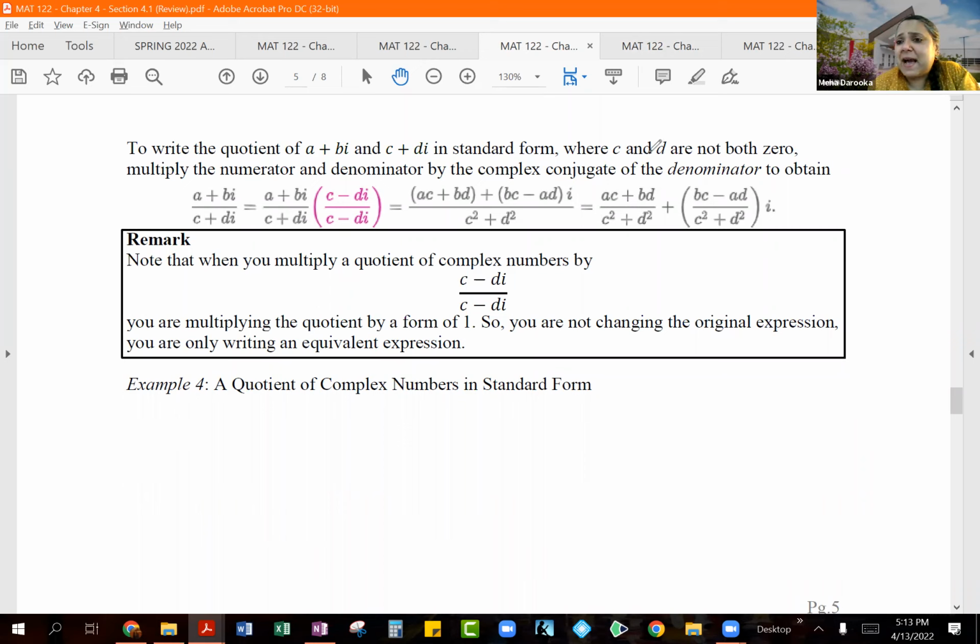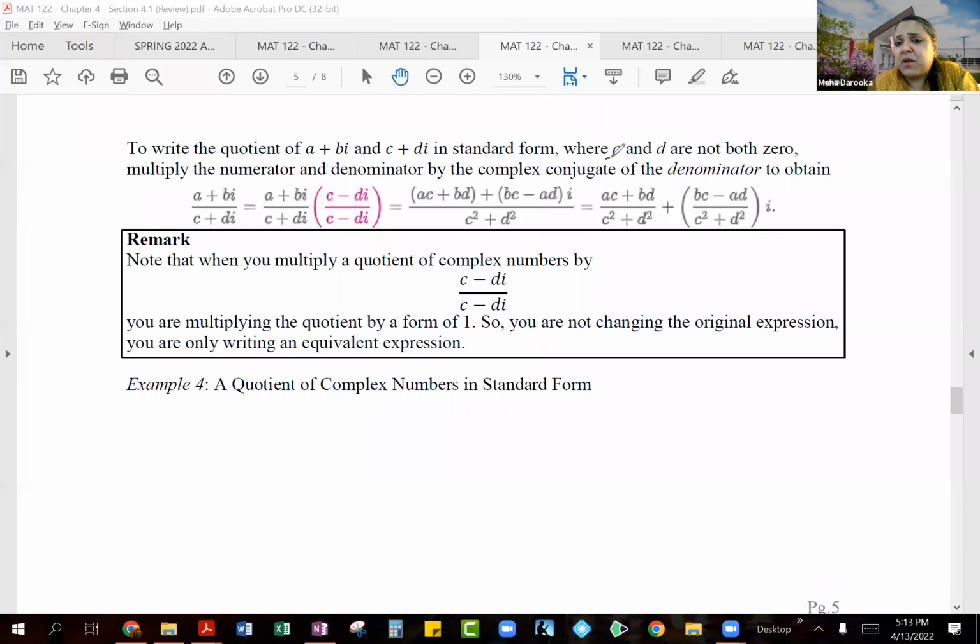Since c plus di is a number in the denominator, you want to make sure both of them are not 0. C can be 0 or d can be 0, but you don't want both of them to be 0, because it's still the same thing. Division by 0 is undefined. It doesn't matter what you have on the top, but if the denominator is 0, it is always going to be undefined, and that's going to be true for complex numbers also.